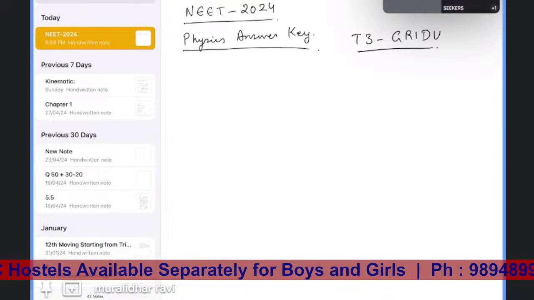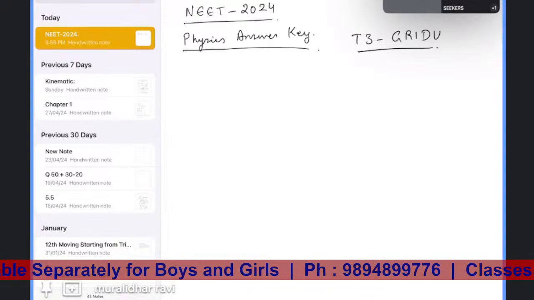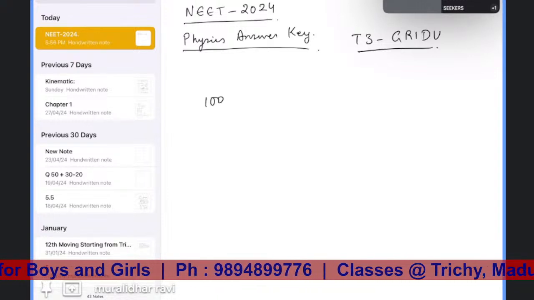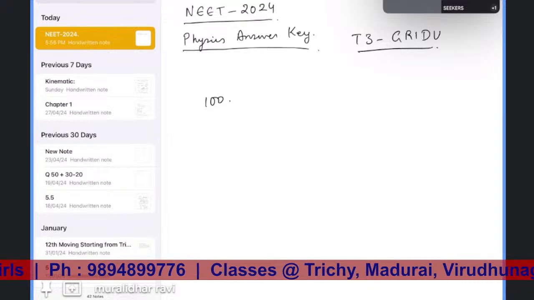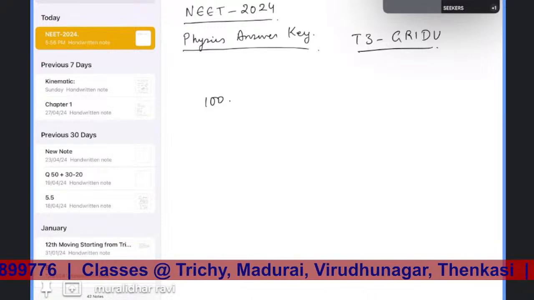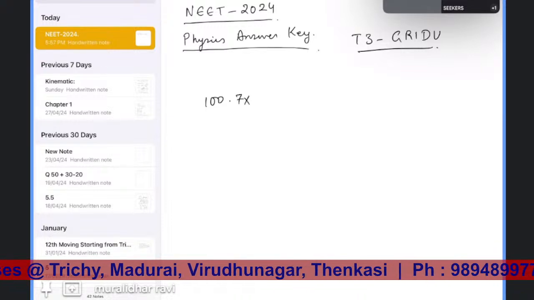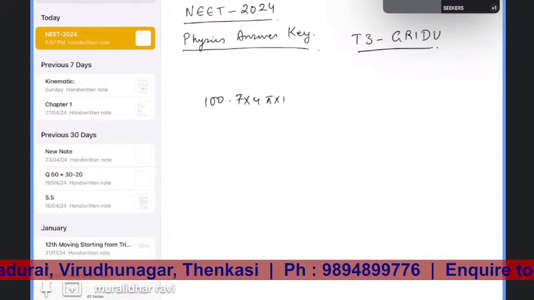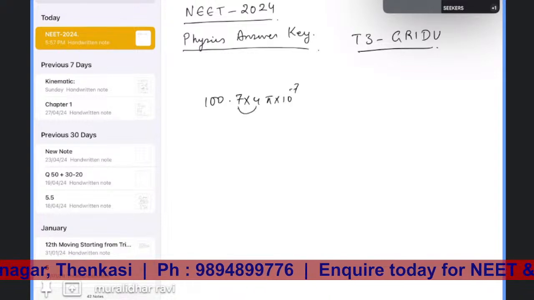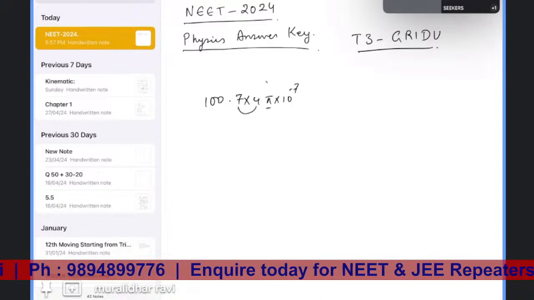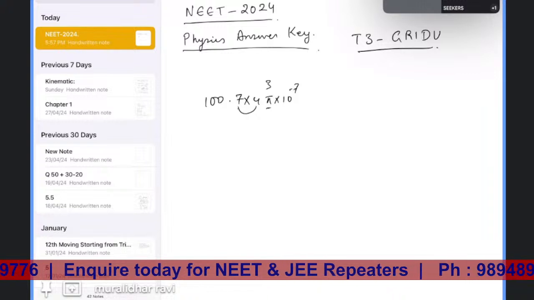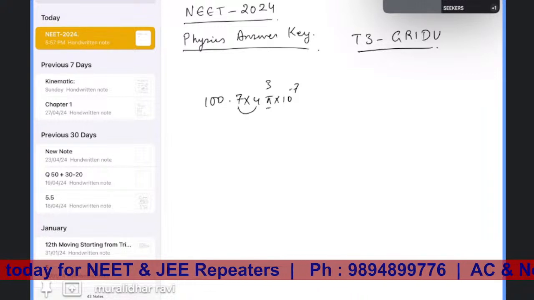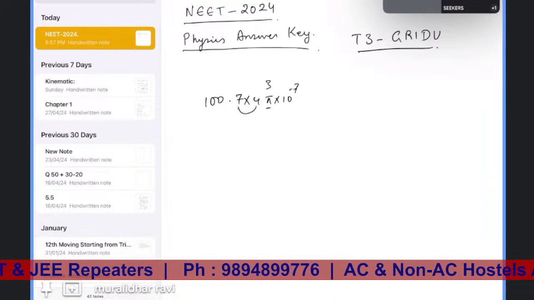Even if we assume the given data is for a solenoid, B is equal to mu naught N I. So 100 into 100 is N, I is 7 given, and mu naught is 4 pi into 10 power minus 7. So 7 into 4 is 28, into pi is 3, so 28 into 3 is 100 something, so none of the answers work out. So next, I think it's a toroid.